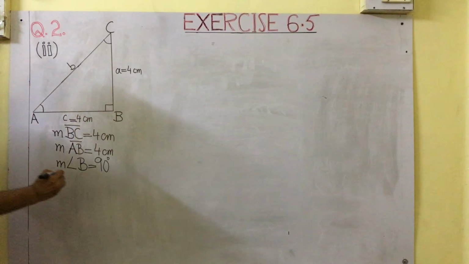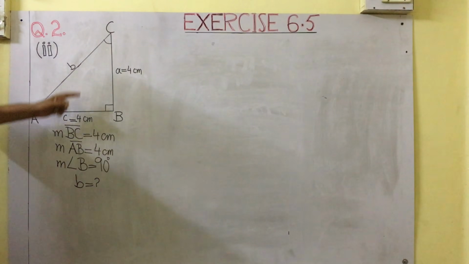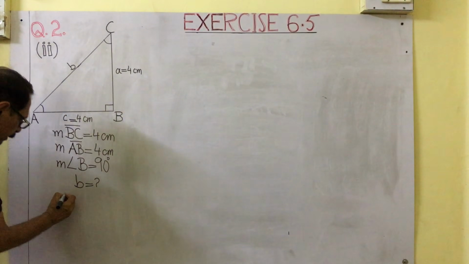Unknown side is B, and unknown angles A and C.